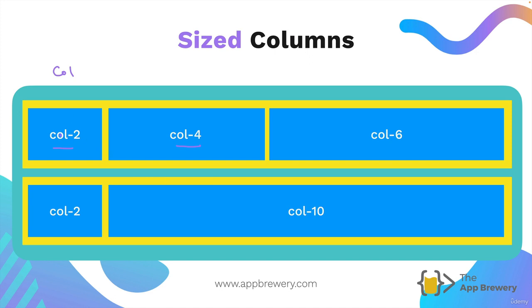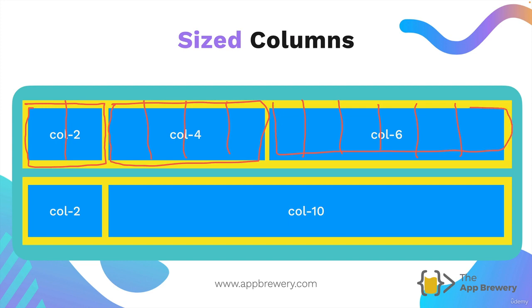And what this is saying is, if we think of each of our rows as having 12 columns, and we split them all up into the 12 equal size columns, like this, so if you count, this is actually a total of 12, then when we create a div, we can specify, well, how many of these columns do we want to occupy? In this case, this div wants 2 of those columns, and then this one wants 4 of them, and then the final one wants 6.